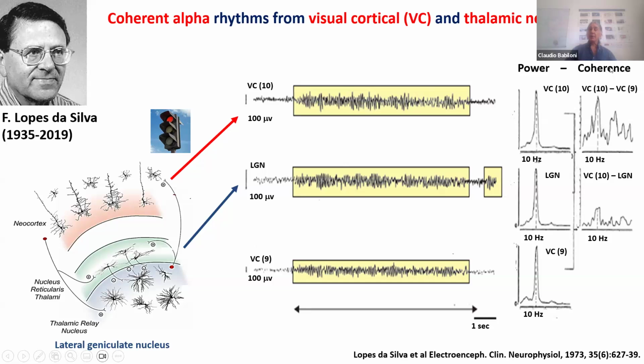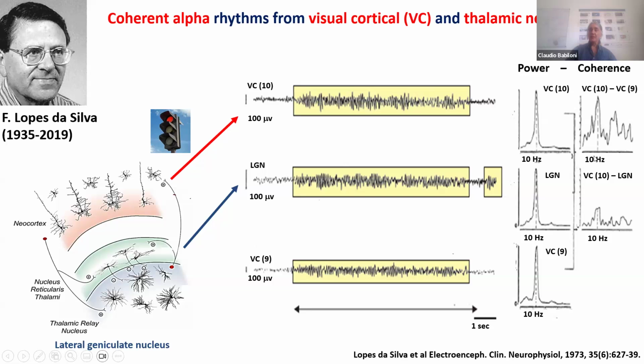So the spectral coherence between the local field potentials in two electrodes is represented in the upper graph for visual cortex electrode 10 and visual cortex electrode 9. The two waves of a local field potential were represented in terms of coherence in the graph.